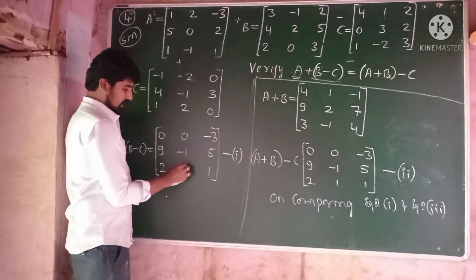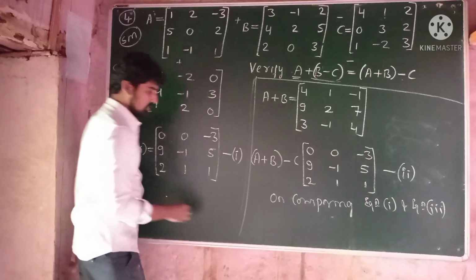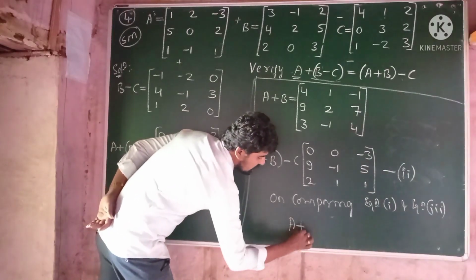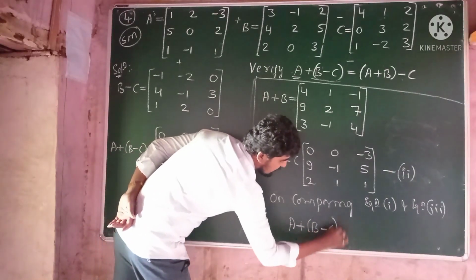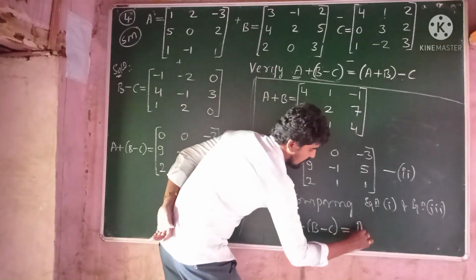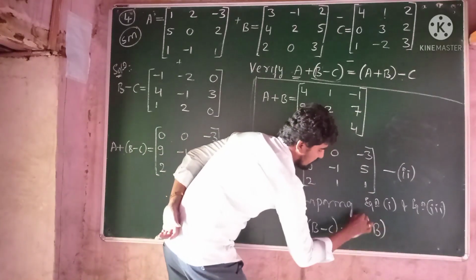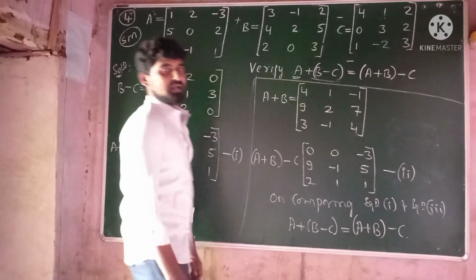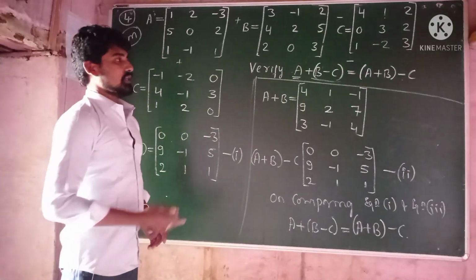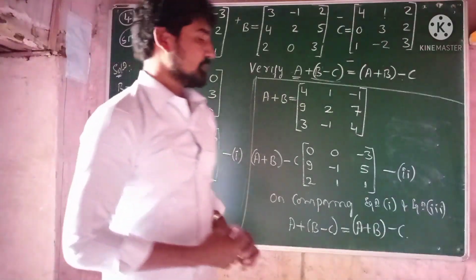Therefore LHS is equal to RHS, meaning A plus B minus C matrix is equal to A plus B minus C. I hope all of you understood. If possible, take a note.